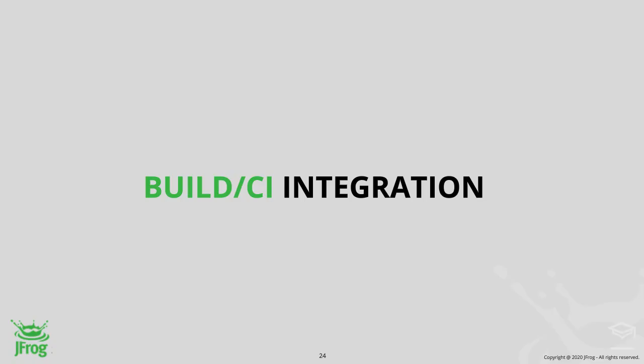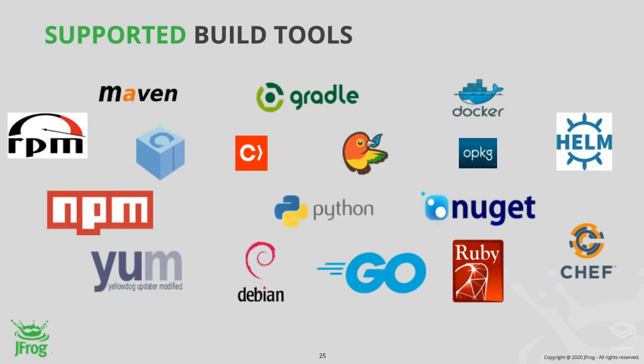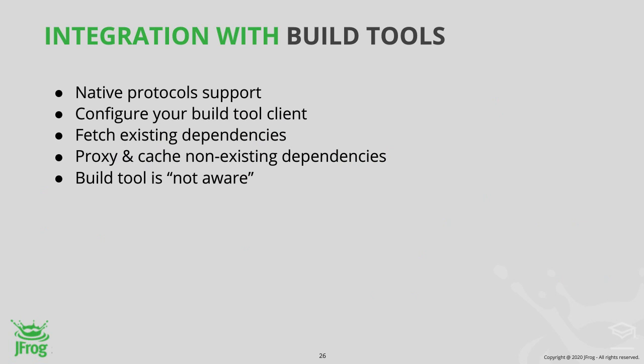So let's talk a little bit about the integration that we can achieve with build tools and CI tools. Starting with build tools, there are a bunch of very common, very popular build tools that are supported. And you can see the different technologies that are supported by different means of integrations. To integrate a build tool in order for it to work with Artifactory, you need to configure it, and that's it.